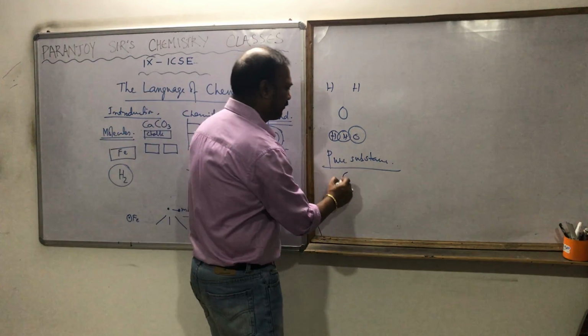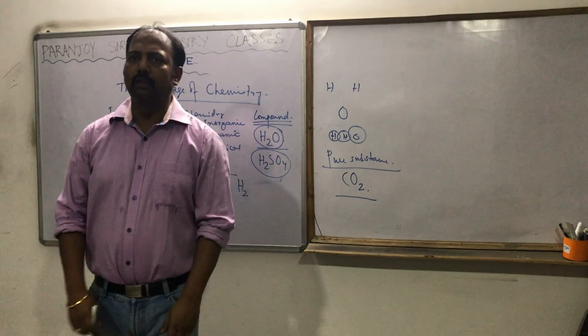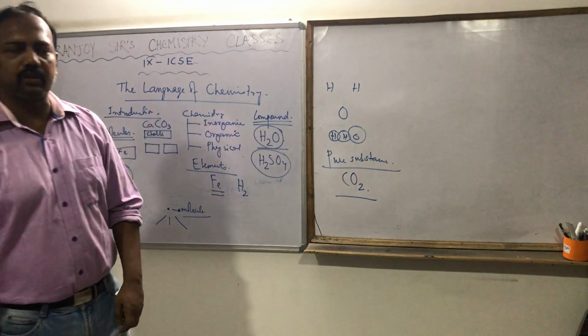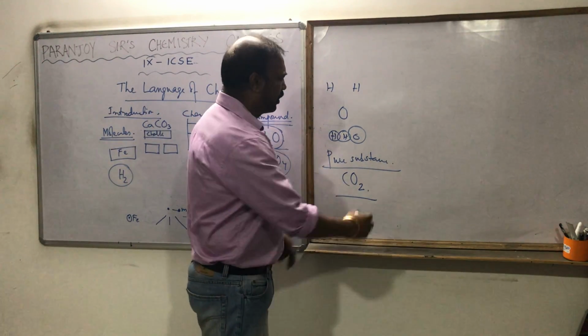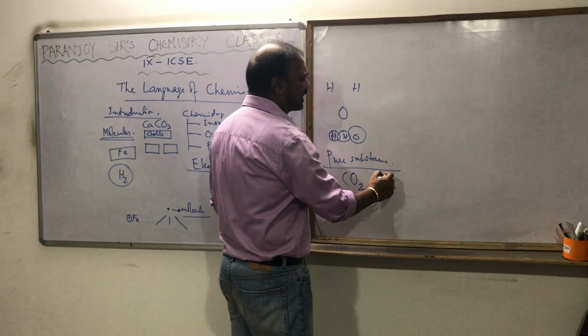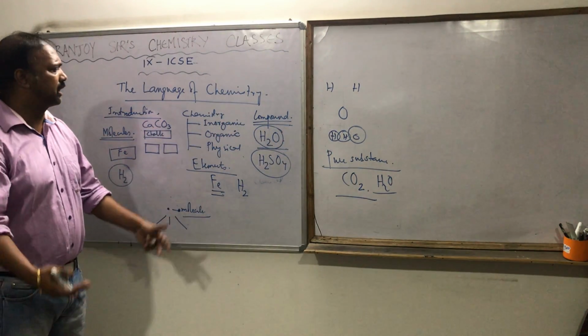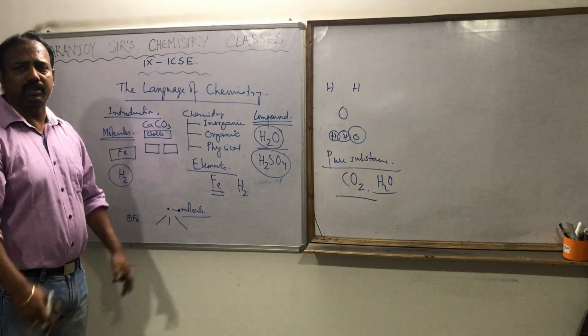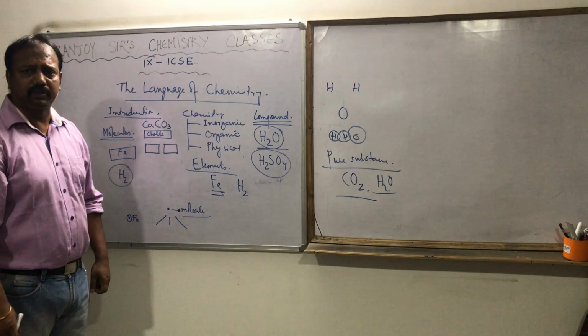For example, carbon dioxide is a pure substance because it has some definite properties. Water is a pure substance. Any molecule, any compound, any element is a pure substance.